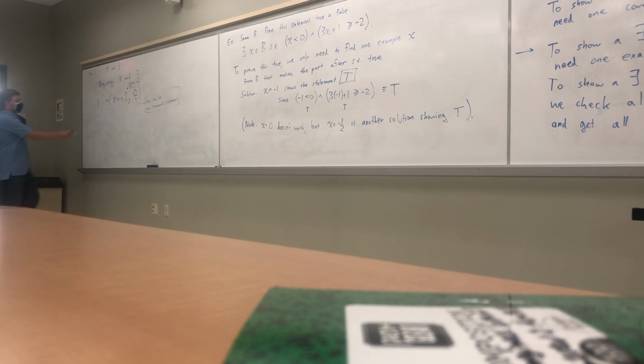So the rule says that this is equivalent to putting the not into it, and when you put the not in, it flips it to there exists X element of S, such that. So the for all turns into there exists. X element of S is copied exactly. The comma turns into such that.